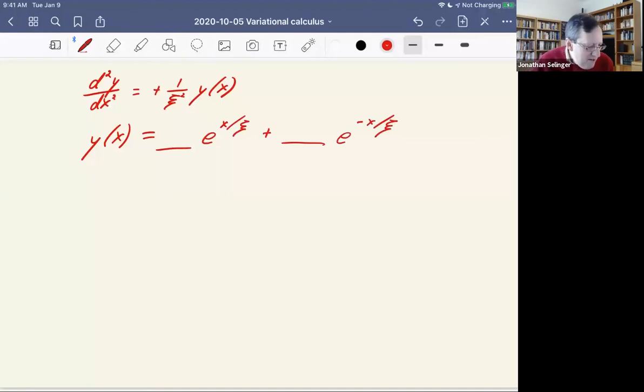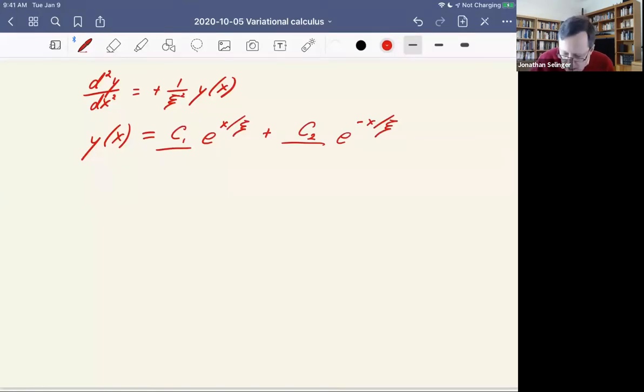And these are two arbitrary coefficients. Let's give them names. Let's call them C1 and C2. Okay, so let's check if I got that right.